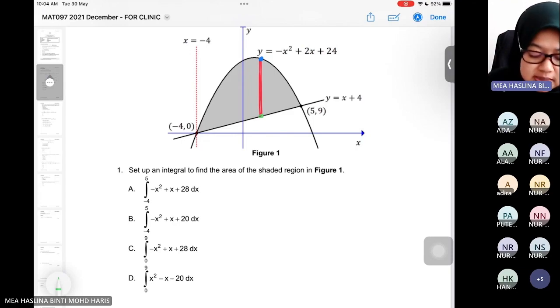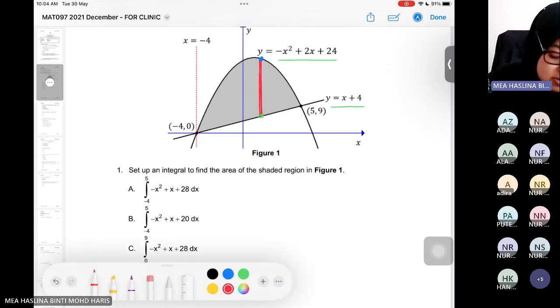So you have negative x squared plus 2x plus 24 minus x minus 4. So you will have negative x squared plus x minus 20 plus 20. So the answer would be B.